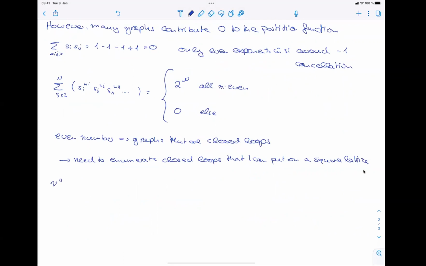So v to the 4, we get a loop, and now we have to figure out how many of these loops we can get on a square lattice.